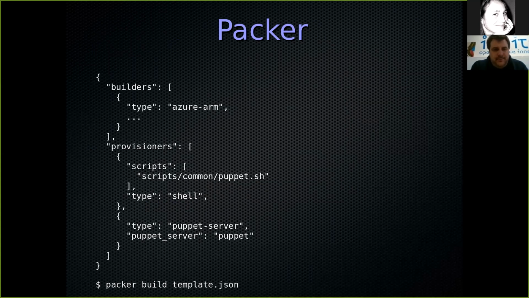And then try to connect to a Puppet server. Well, it sets a variable called Puppet server. And then it's very easy to build this image using a command called packer build, and then your JSON file. That yields you a VM that you can then later on use to bootstrap your cloud.